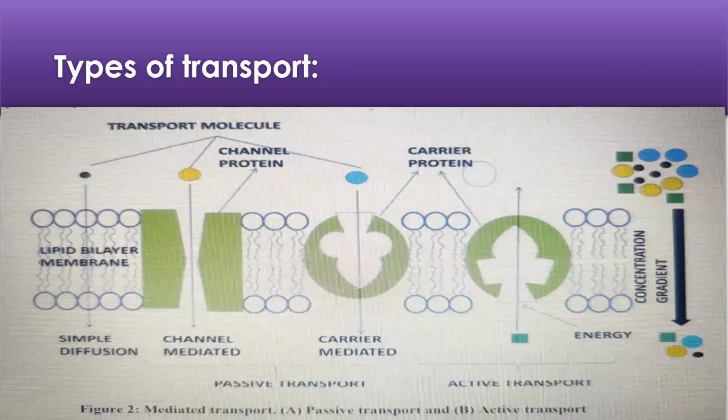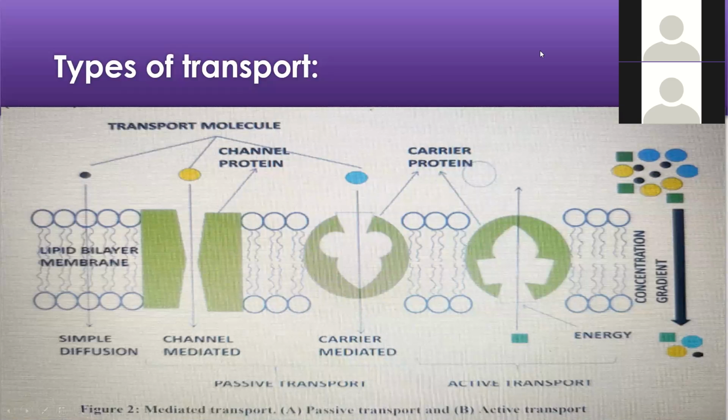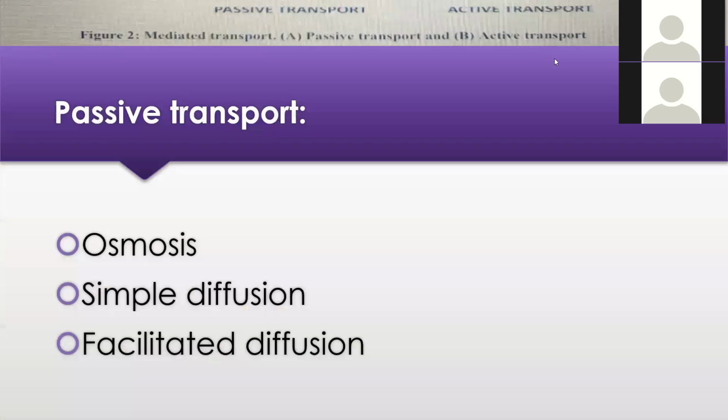It's not that whatever molecules are present outside the cell should be present in the same concentration within the cell. This constant internal environment is called homeostasis.